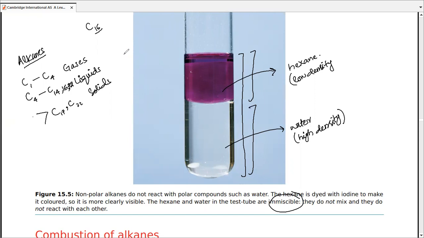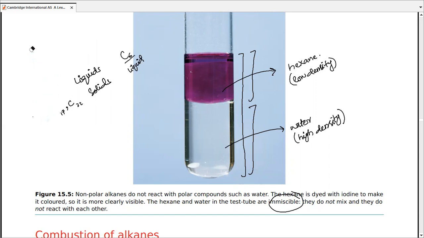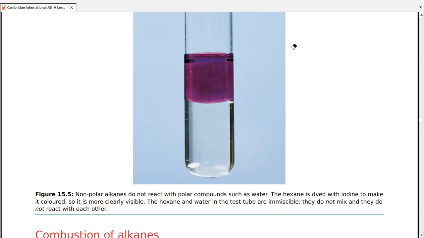If you remember this, you would automatically understand that C6 must be a liquid. I was repeating this point so that you get why we are taking hexane here as a liquid. If you remember the prerequisites from IGCSE, none of this should be a problem. I hope I have made my point.